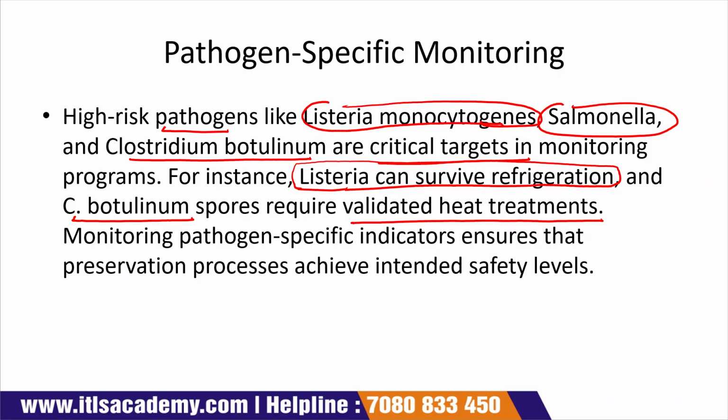Then you find out whether the spores of that Clostridium botulinum are present in that particular food product in which the heat treatment is applied. Now this gives a validation test of whether the proper heat treatment has occurred or not. Monitoring the pathogen-specific indicator also ensures that the preservation process achieves an adequate safety level.